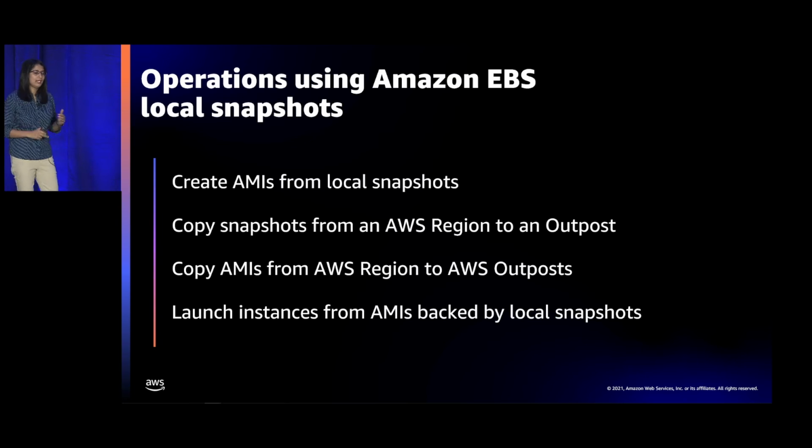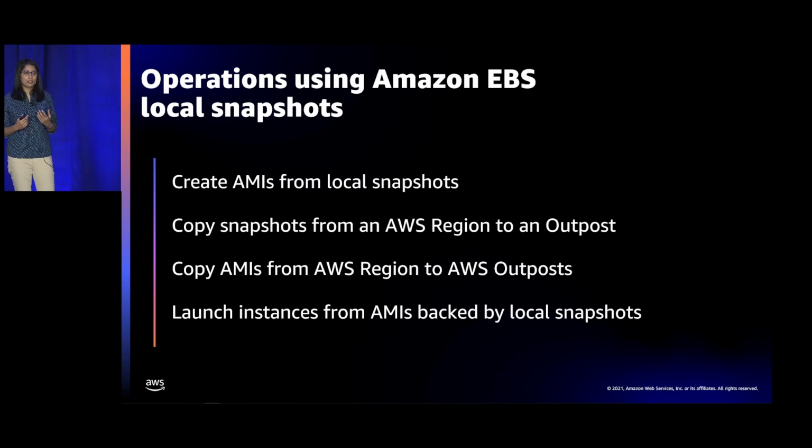So having all these capabilities on Outposts opens up a bundle of operations that you can now do. You can now create AMIs from local snapshots. AMIs are Amazon Machine Images used to launch new instances. In addition to this, you can copy snapshots and AMIs from region to Outposts, and then launch instances with those AMIs, which are backed by local snapshots.